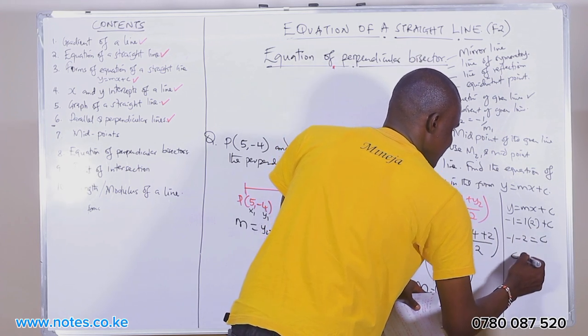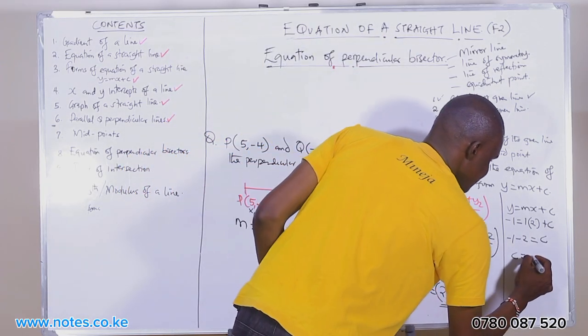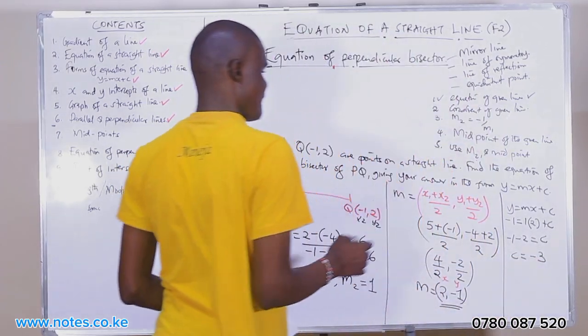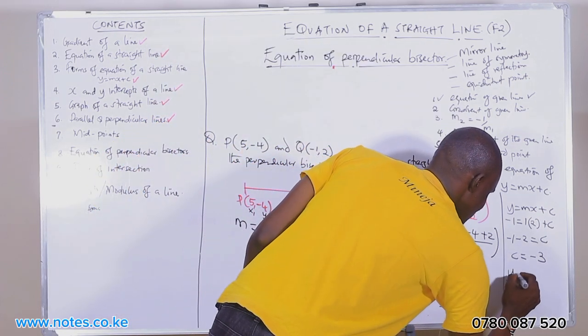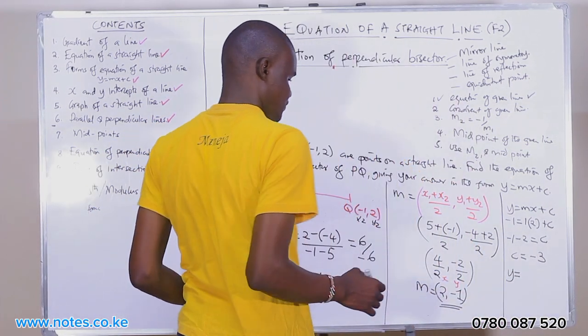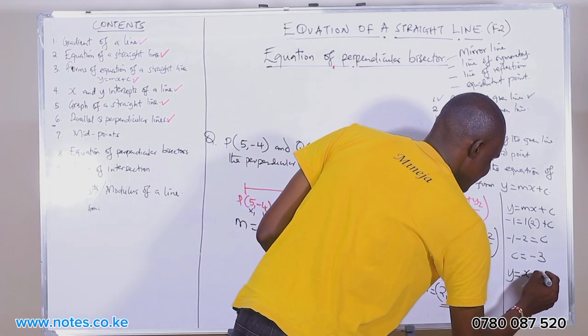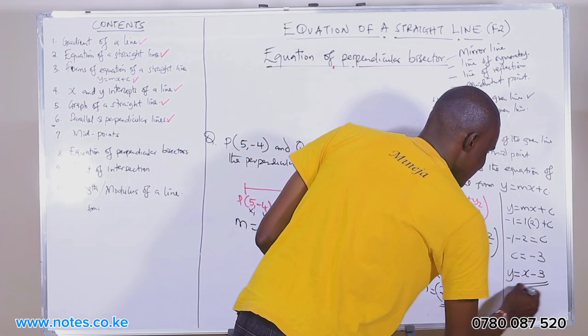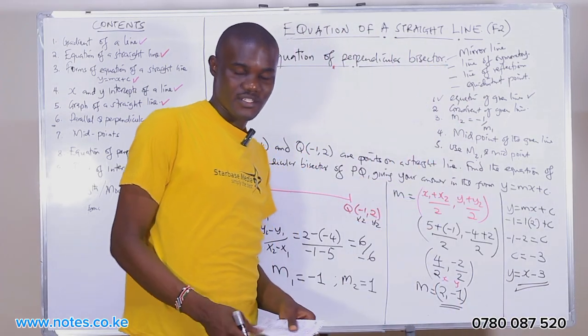So our c is -3. Therefore, the equation of the perpendicular bisector is y equals x minus 3. We were told to leave our answer in the form y equals mx plus c.